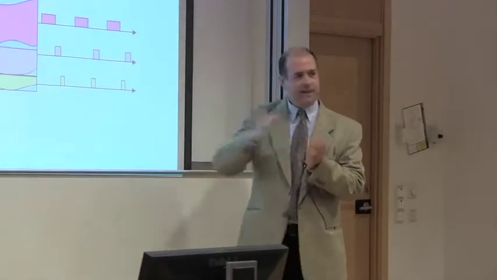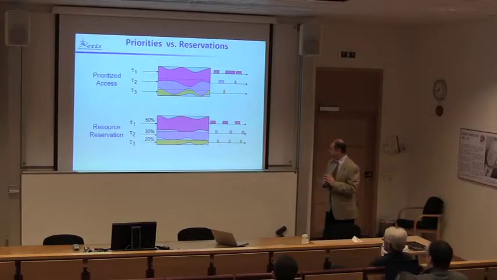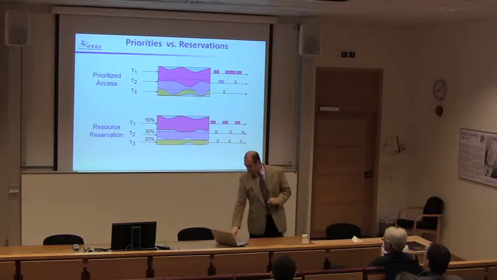While in the reservation environment, there is more isolation. Whenever there is a load increase, it does not affect the other applications, but only the specific task. It will slow down just in case of an overload, not the other ones. And this is essential for modularity and for analyzing individual applications.